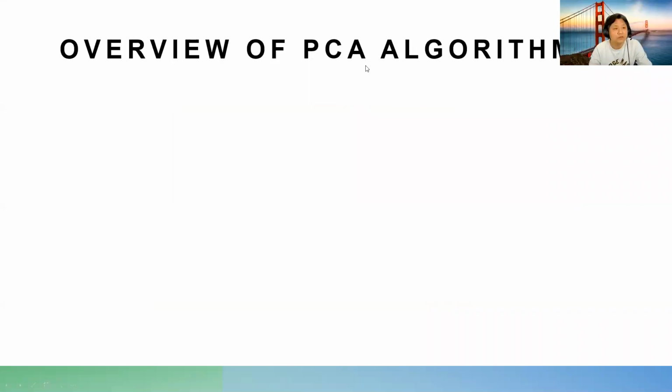So this is an overview of the PCA algorithm. Step one, normalize data. So we need to normalize the data set. In this case, I standardize it. You have original data, standardize it. Because PCA is calculated based on the variance, right?